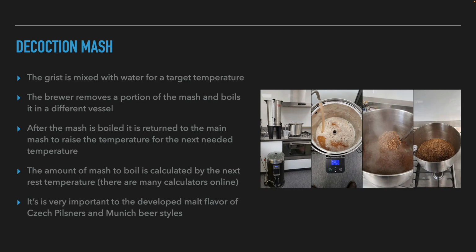Once the thick portion is boiled, it is returned to the main mash to raise the temperature to the next needed temperature. To reach the next temperature, the brewer calculates the amount of mash to boil to reach the next target. This method is better for under-modified malts, and it plays a key role in the development of malt flavors of Czech Pilsners and Munich beer styles.